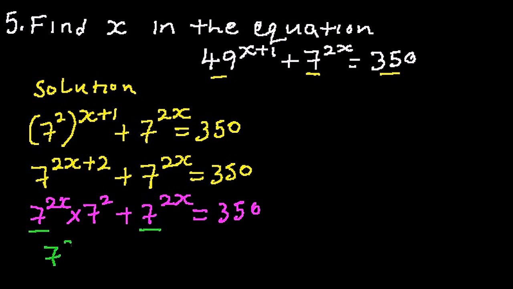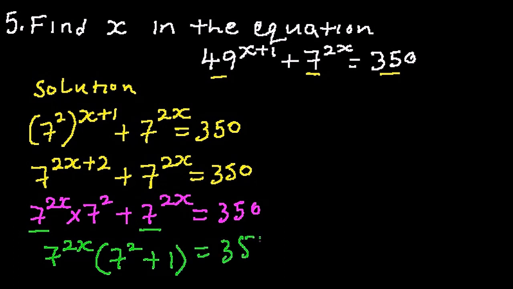So we have 7 to the power 2x into bracket. Here we'll be left with 7 squared, here we'll be left with 1, is equal to 350. So here 7 squared is 49 plus 1 is 50, so we have 7 to the power 2x multiplied by 50 is equal to 350.